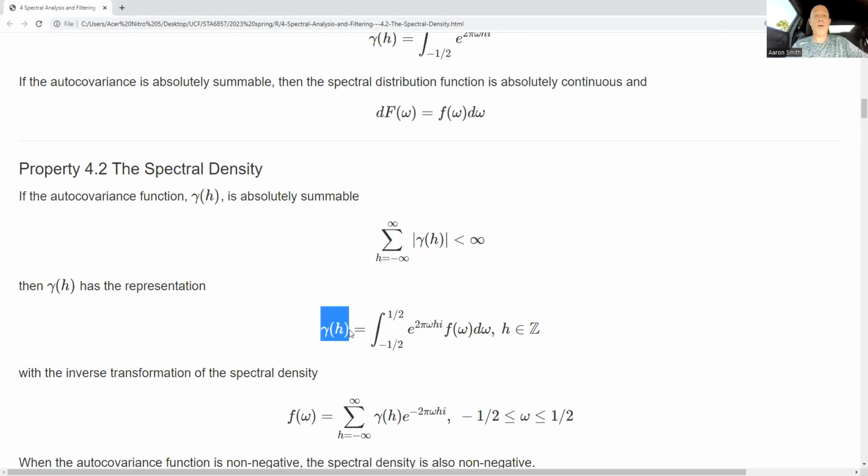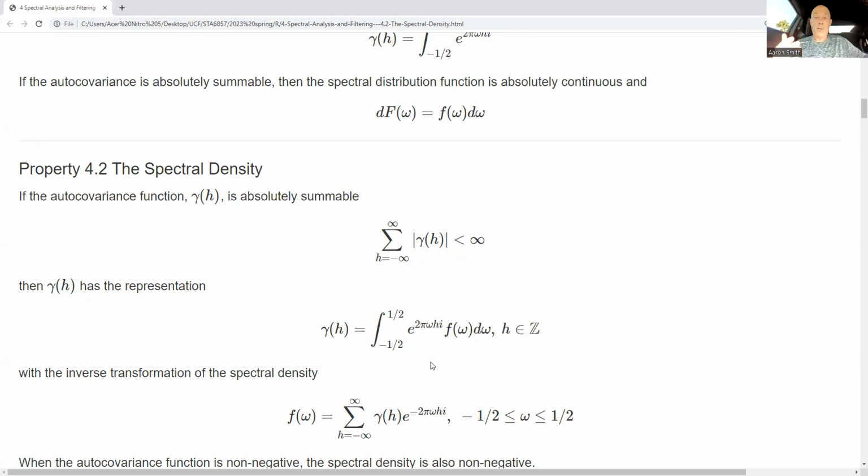Our autocovariance is equal to this integral, which is similar to what we just looked at, from negative 1/2 to 1/2 of e to this power. Here is our spectral density, and we're integrating with respect to omega. And here, of course, for autocovariance, we're talking about the integer values.